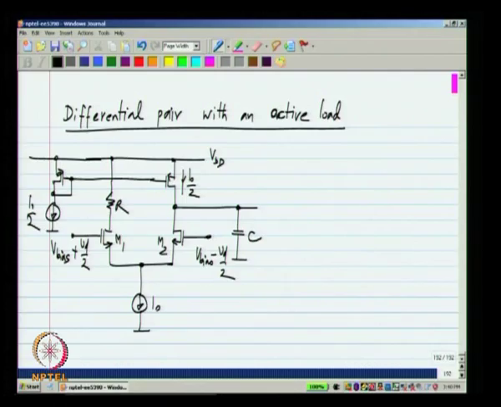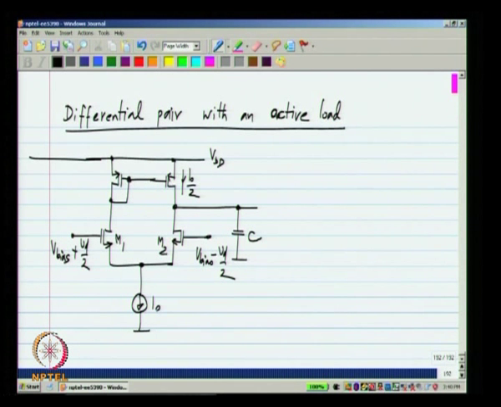Okay. So, what we can do instead, given that the current in transistor M1 is not used at all, and we also know that in quiescent condition the current in M1 is the same as current in M2, and it is equal to I naught by 2. Okay. So, what I can do is do that.